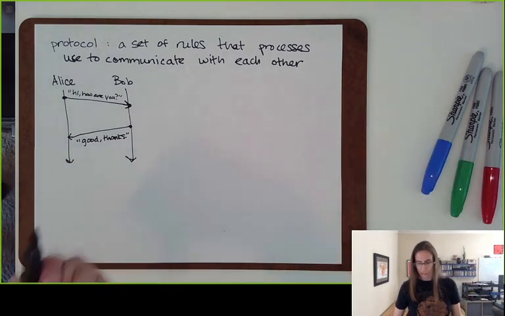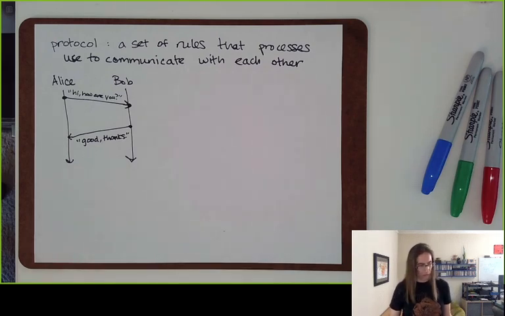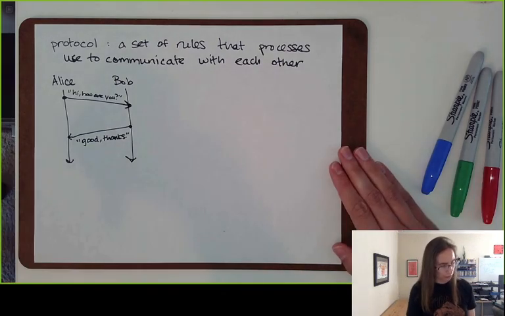So this is a Lamport diagram that describes a particular run of that protocol that I just described. So let's just say that the protocol is, in general, any machine at any time can wake up and send the message, "Hi, how are you?" And when a machine gets that message, it must respond with, "Good, thanks." So that's one run of this protocol.